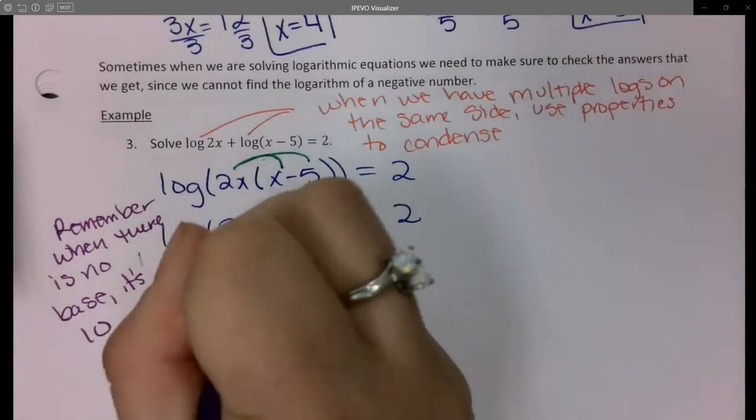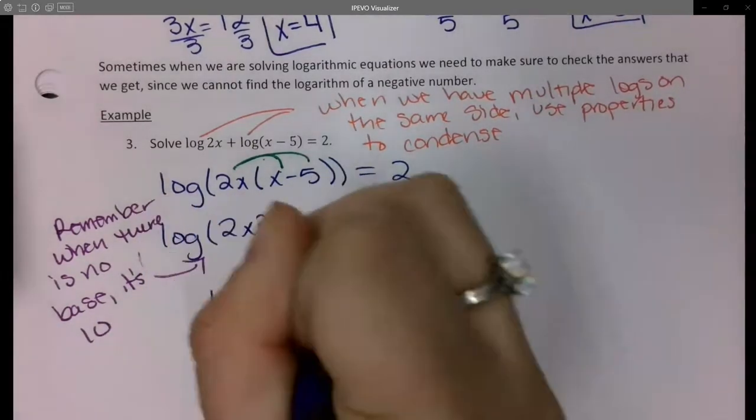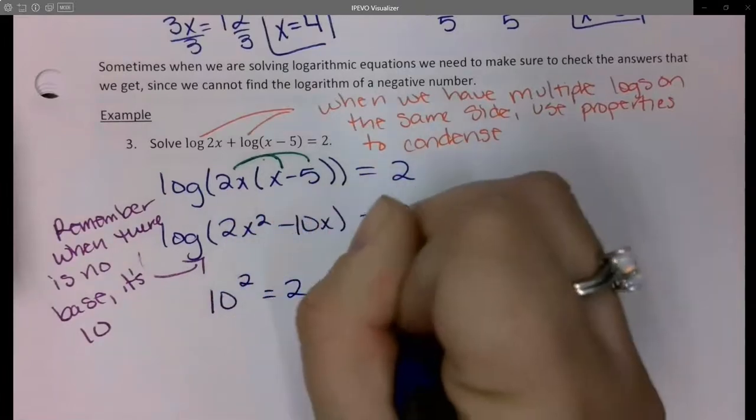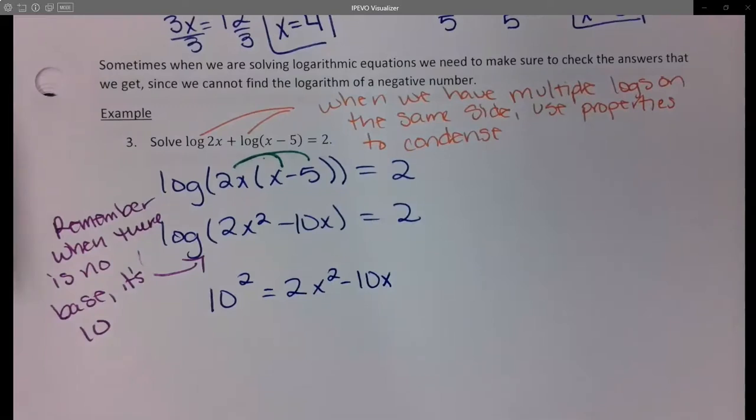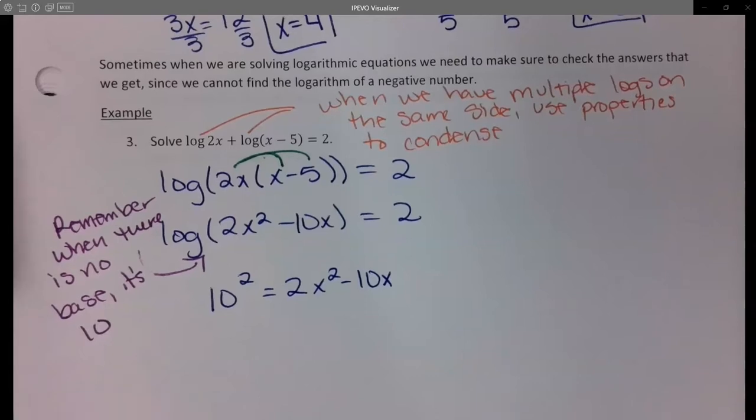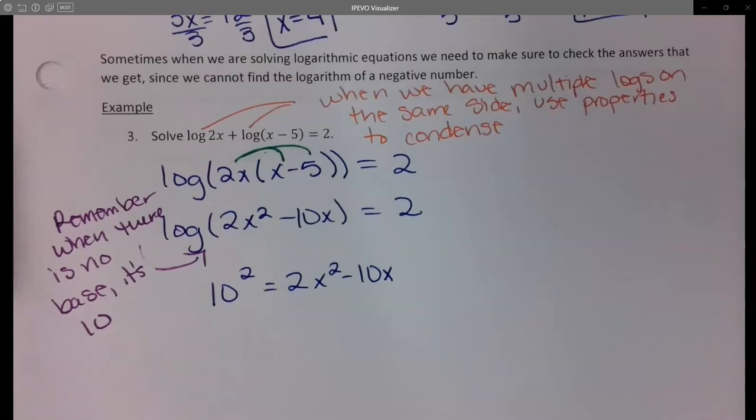So I can rewrite this. It's going to be 10, and then this 2 is going to become my exponent, and it's going to equal my argument. Okay, what is 10 squared? 100.